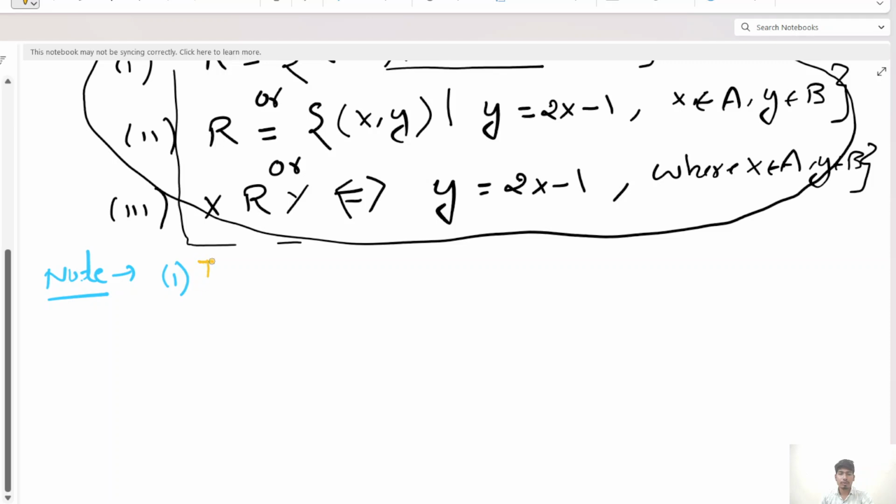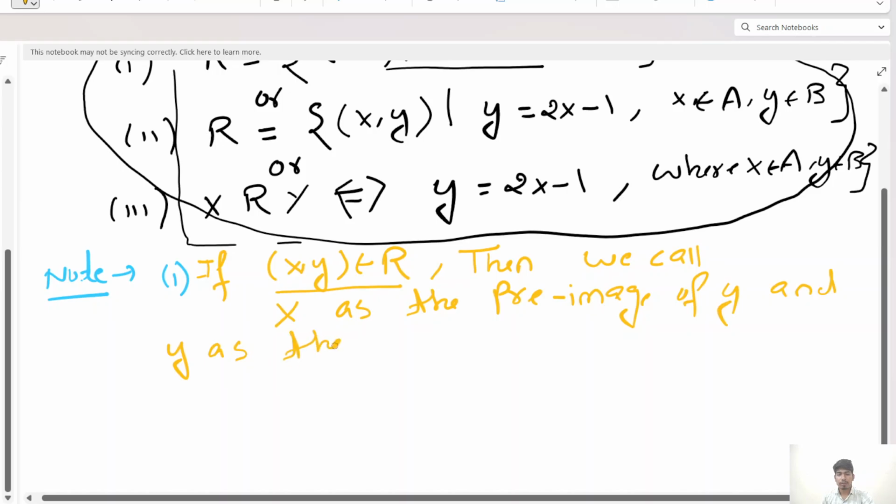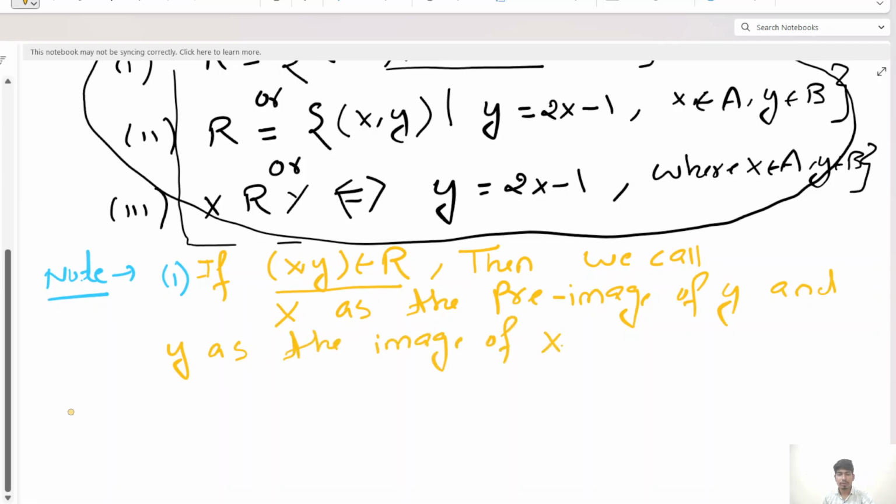If (x, y) belongs to R, meaning (x, y) is an element of R, then we call x the pre-image of y, and y the image of x. Okay, this is your first note.